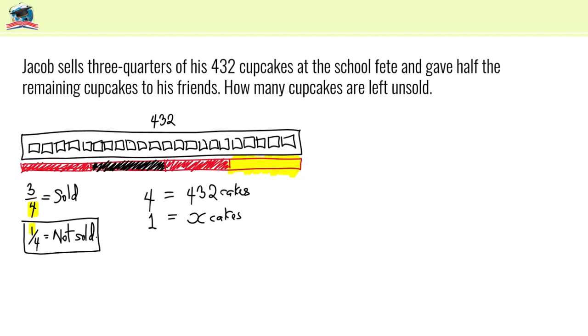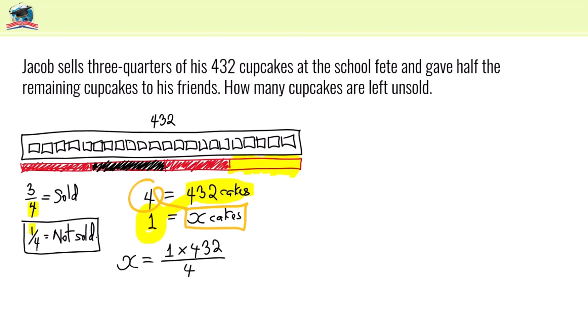So here we can come this way here. This one is complete. And then this one here, we can take this one here, and this is what we're looking for. Good. So let's go. So we go here. X number of cakes will be what? Will be 1 times 432 divided by 4.